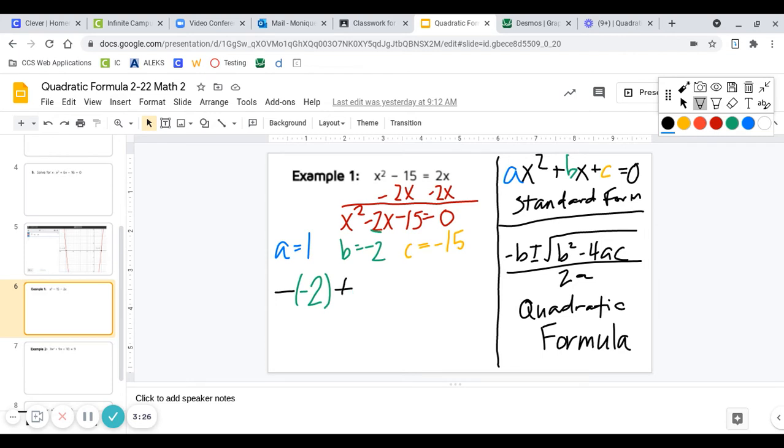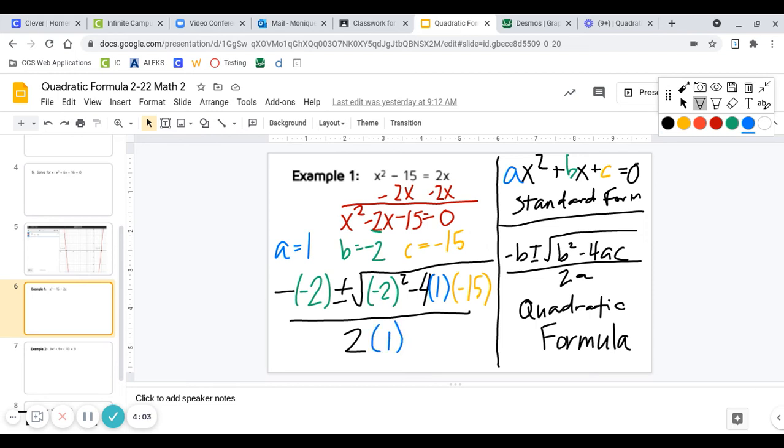Next, the formula says plus or minus. Then we have square root, and then we have another b, so we're going to insert. Then we have squared minus 4 times a, which is 1, times c, which is negative 15, all divided by 2 times a, which is 1.